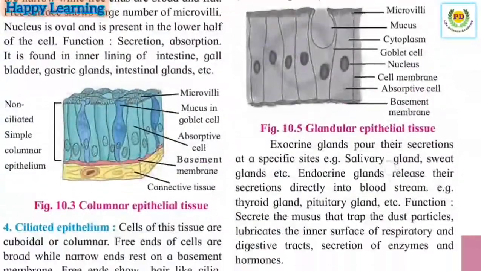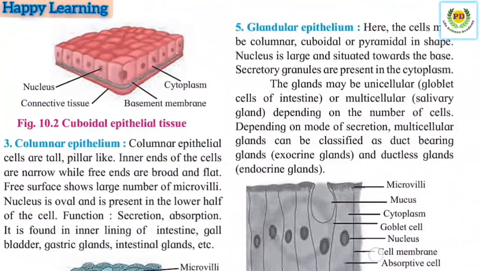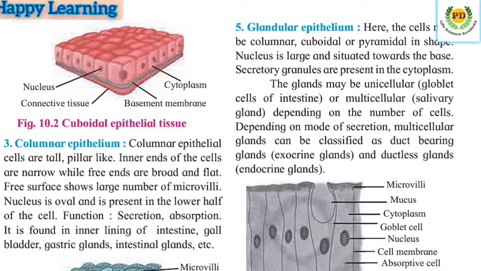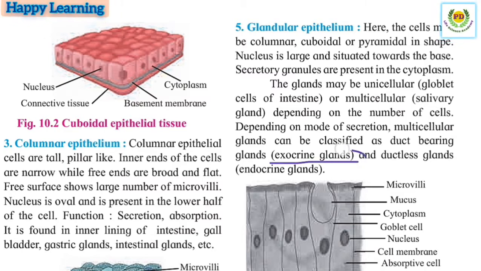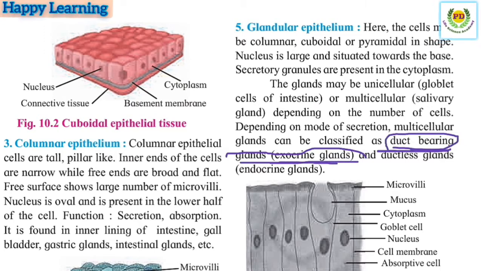Next is the glandular epithelial tissues. There are exocrine glands and endocrine glands. The exocrine glands show the presence of a duct, that is, these are duct-bearing glands called exocrine glands, whereas ductless glands are called endocrine glands.